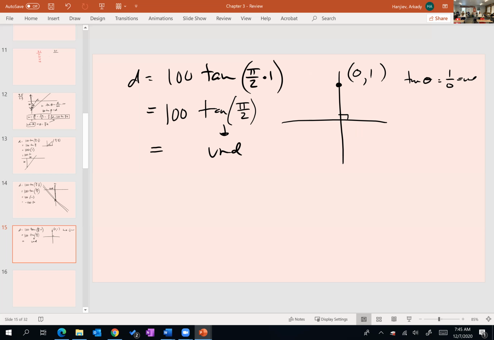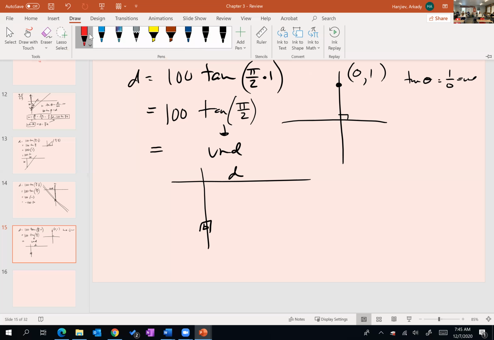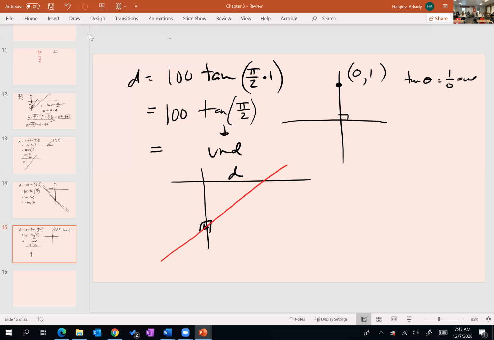All right, talk to me in terms of our little lighthouse here. Anybody? What in the world would D be undefined for? Here's the light beam, like that.